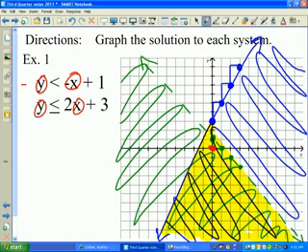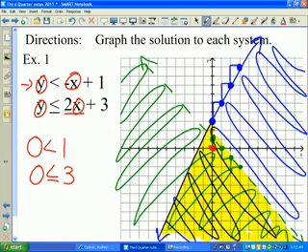So in that first inequality, I'm going to have 0 is less than 1. In the second inequality, I'm going to have 0 is less than or equal to 3. Remember, right here, that's 2 times 0. Anything times 0 is 0, plus 3 will give me 3.